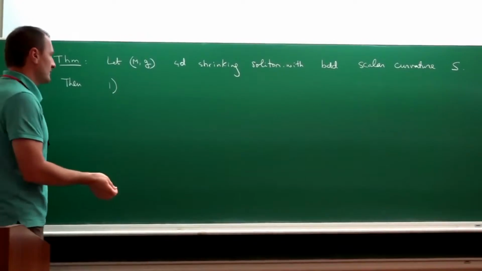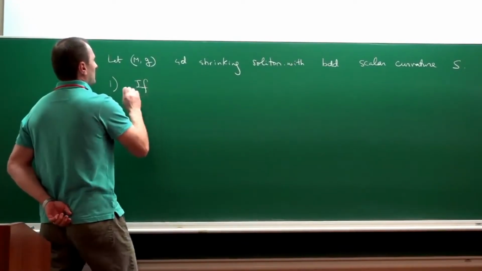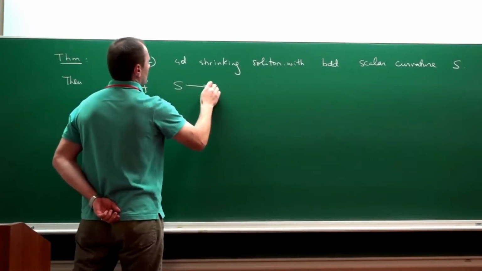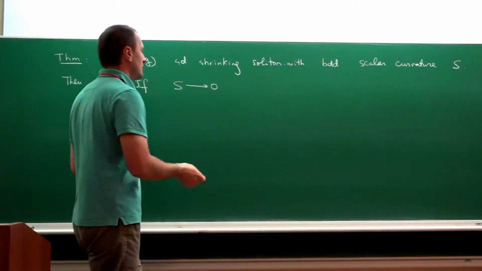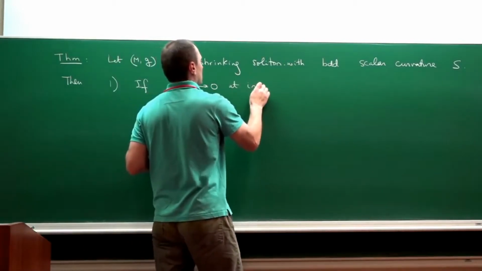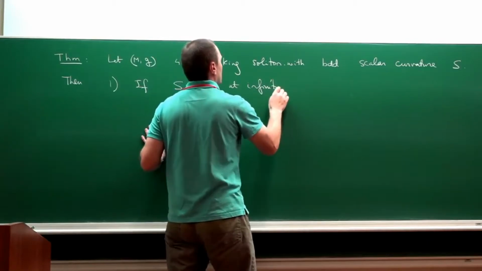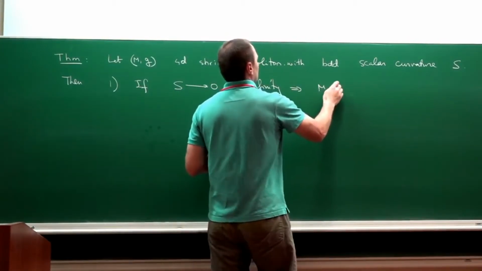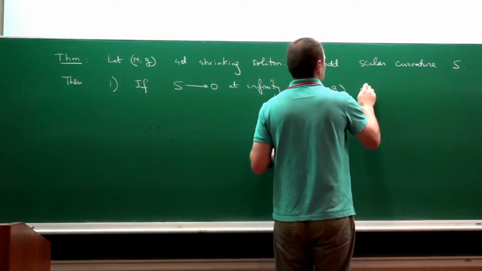So there are two statements. If the scalar curvature converges to 0 at infinity, then the manifold is asymptotic to a cone.